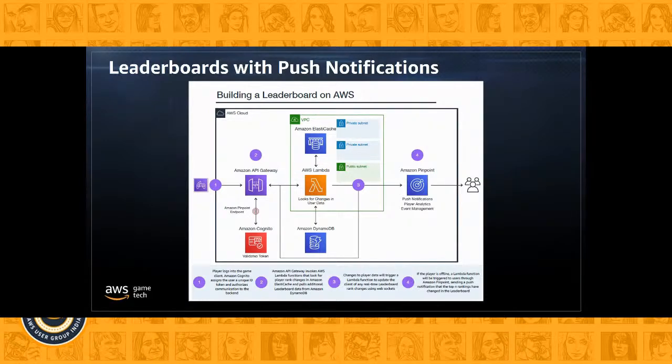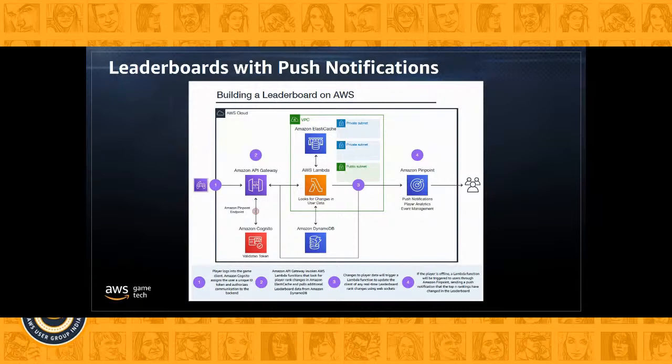Maybe DynamoDB allows you to put in a picture of the car that you won the race with. As all of this is happening, any changes to that player data will trigger the Lambda function to update the client of any real-time leaderboard rank changes utilizing WebSockets via Amazon API Gateway. So any of the real-time data changes happen that way.